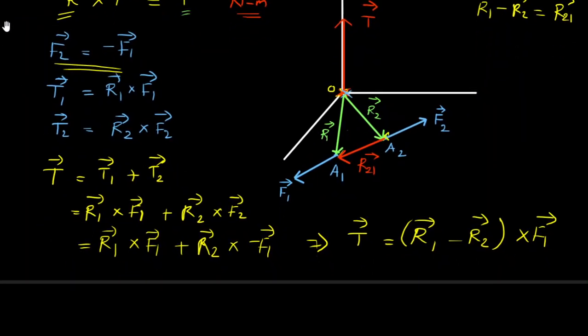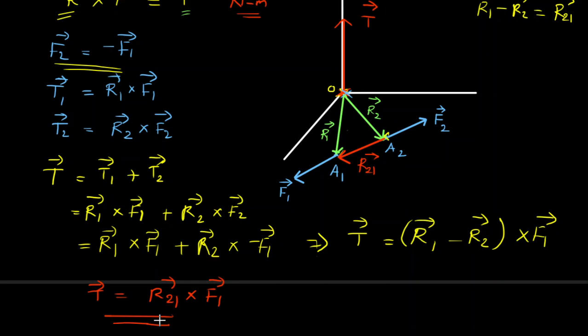So this equation can be further written as my torque is equal to R21 vector cross F1 vector. So this is my total torque. If I consider 2 points where 2 forces are acting, R21 cross F1.